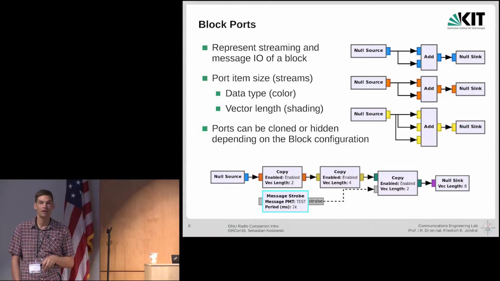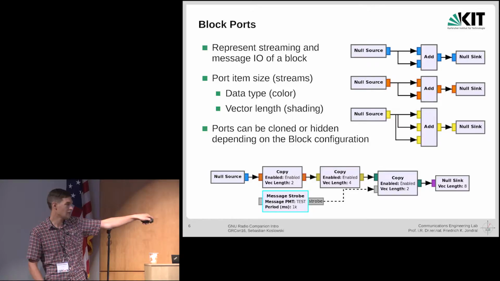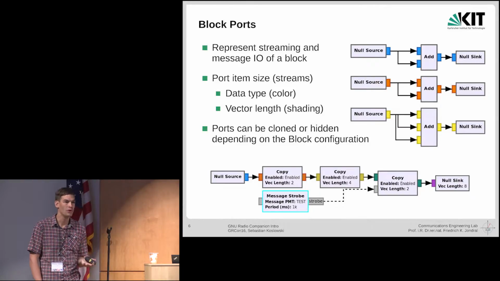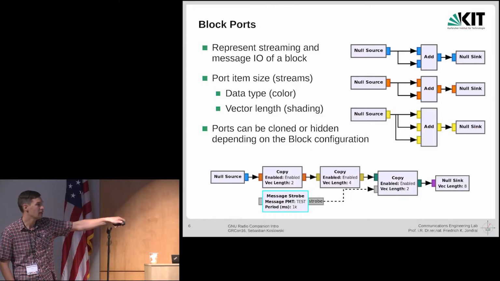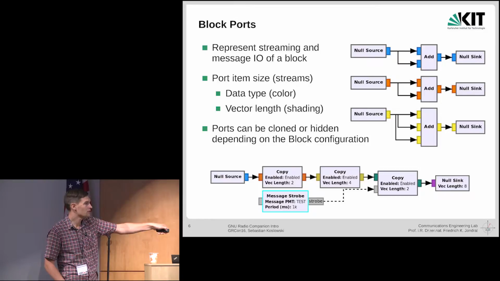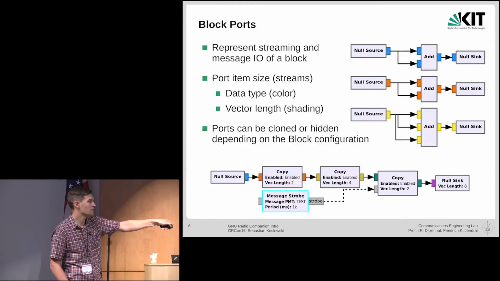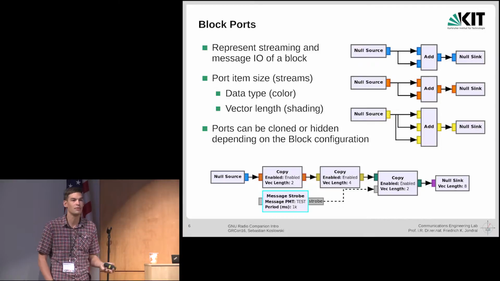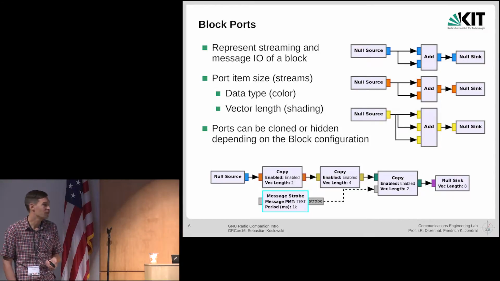Another pretty useful thing is the concept of hiding ports that are not required in a certain mode. Like here, I have enabled the third copy block to have a message input that actually changes this parameter. And I just connected the message here so you can see what it looks like. It's not really useful or anything.